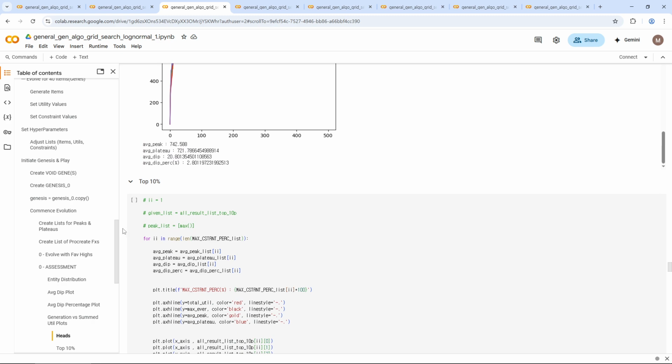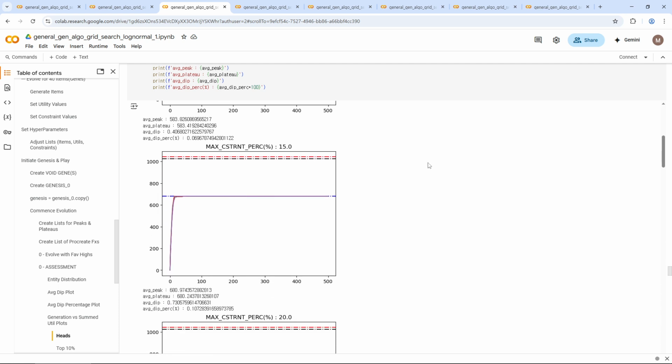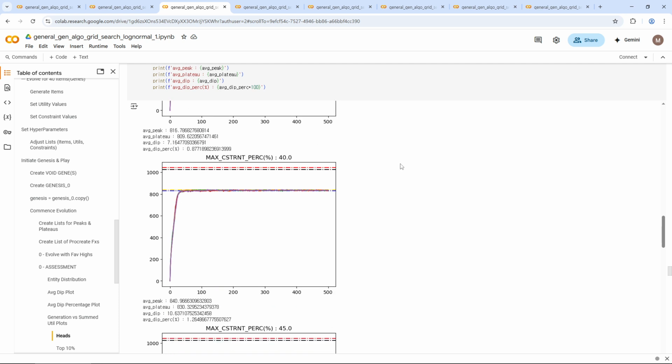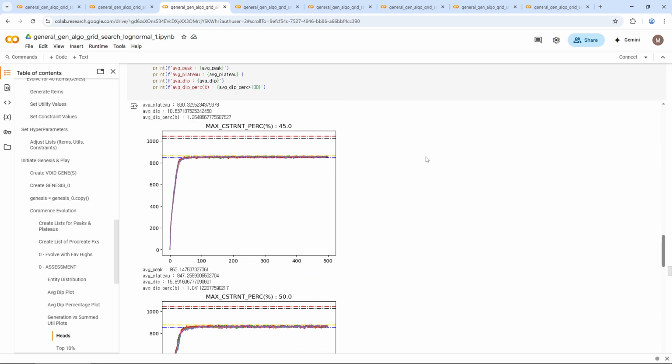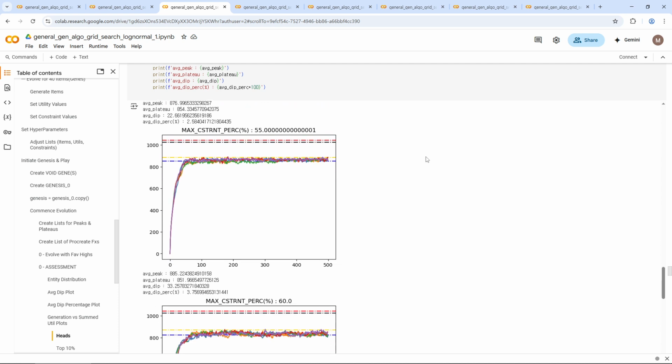Yep. So let's have a look. At 85 and 90, we still don't see the plateaus and the peak levels separate. I wonder why I'm getting that.